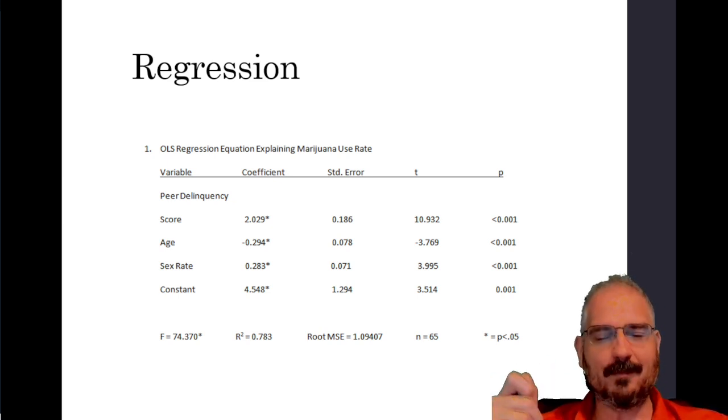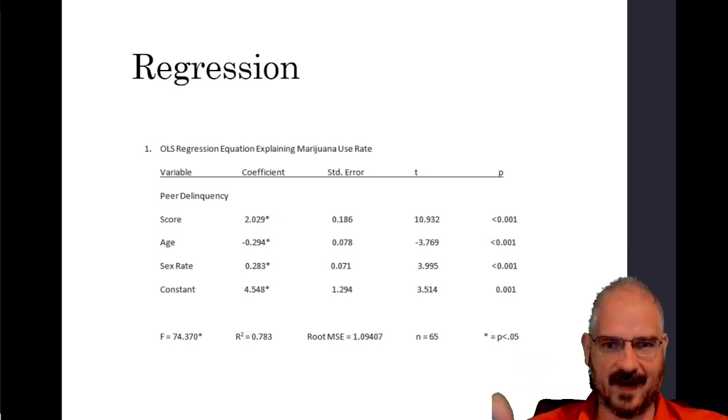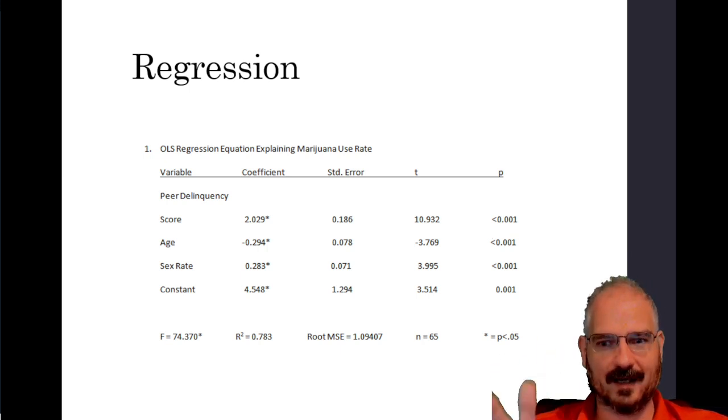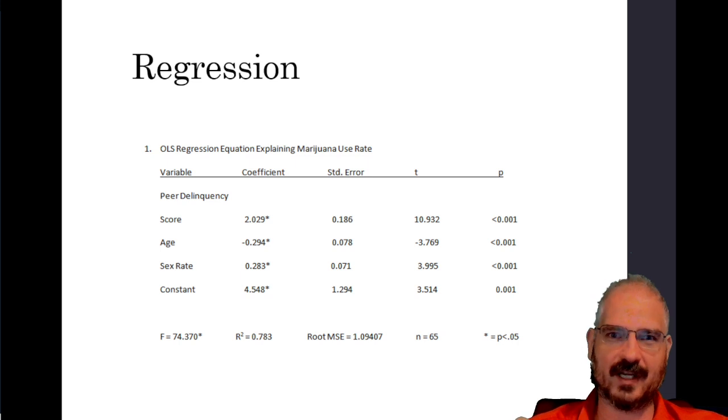But those are the really important things here on this table, especially if you're just getting started out in research methods, just getting started out in understanding published research. Variables, coefficient size and direction, p-value, and maybe r squared. Those are the really important things you need to look at, okay?